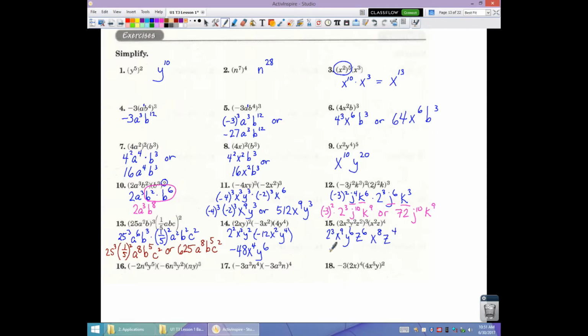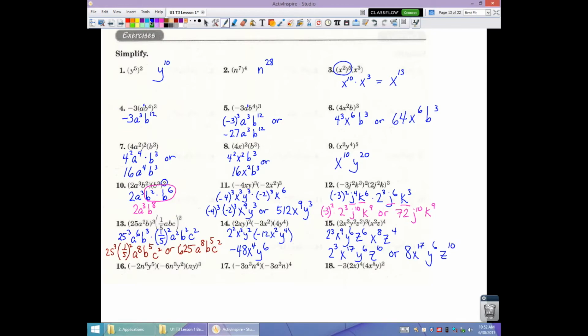I can leave 2 to the 3rd as is, or I could change it to 8. X to the 9th times x to the 8th is x to the 17th. Y to the 6th has no other common base to combine with it. Z to the 6th times z to the 4th is z to the 10th. So the only other way to write that would be 8 x to the 17th, y to the 6th, z to the 10th.